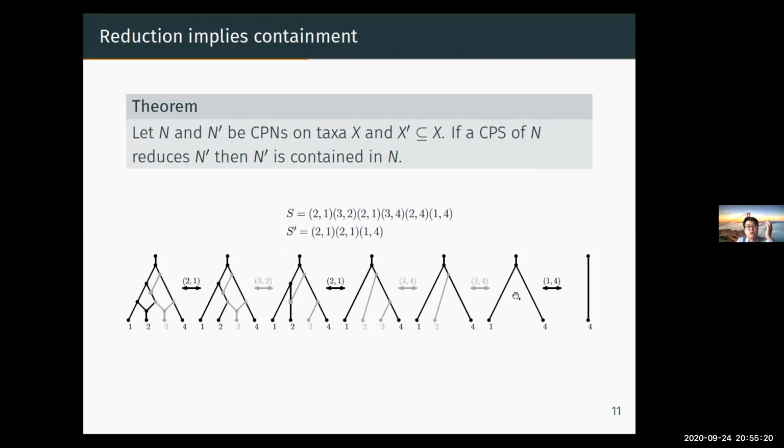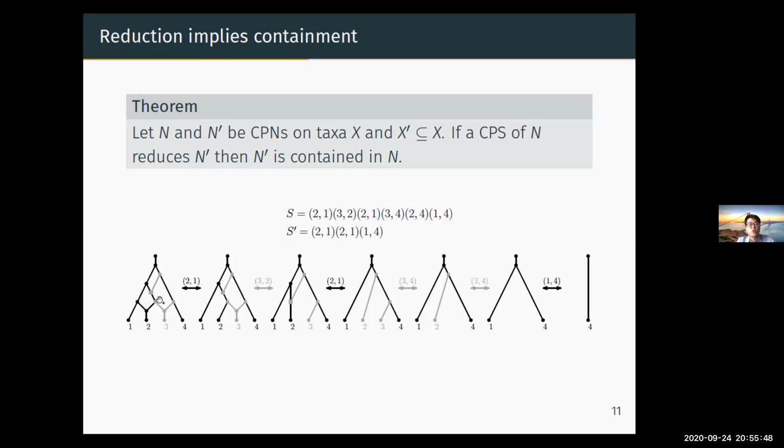But I wanted to give an intuition for why this is true. Well, because when you reduce a cherry or a reticulated cherry, you're basically either removing a leaf or you're deleting a reticulation edge. So the reverse operation should be possible, right? And this is how we can imagine why this is true, because S is the sequence that reduces n, S prime is the sequence that reduces n prime.